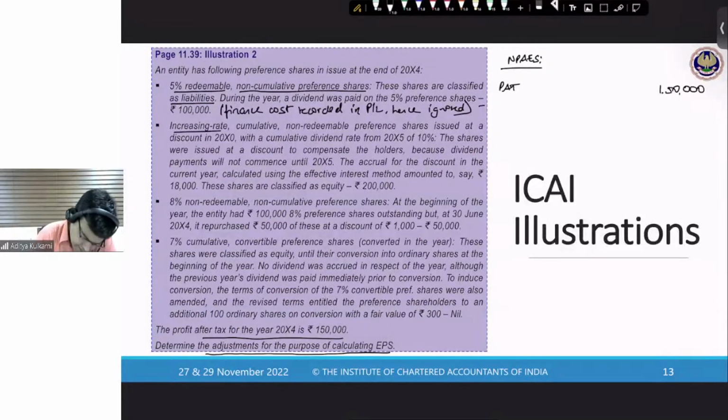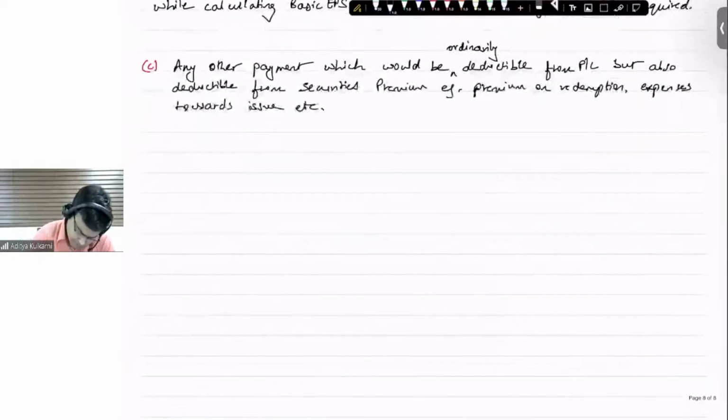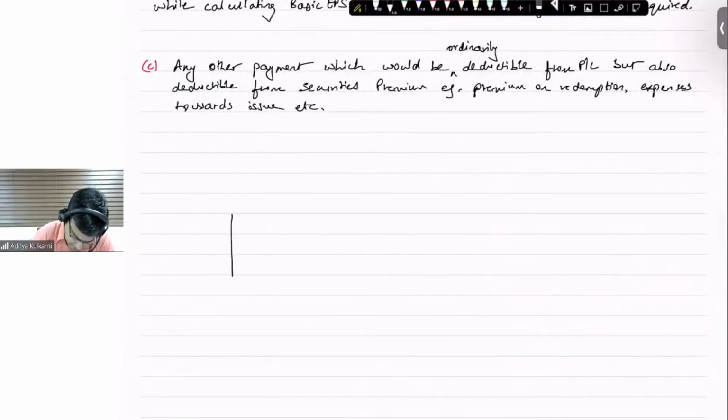Increasing rate, cumulative, non-redeemable preference shares issued at a discount with a cumulative dividend rate from 20x5 of 10%. Okay, so what is happening is, if I have to draw a timeline, initially I don't have dividends.